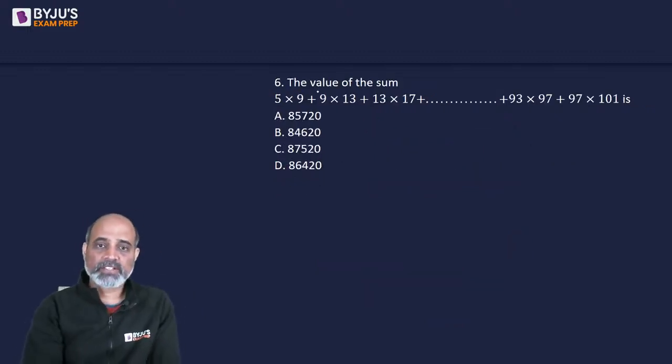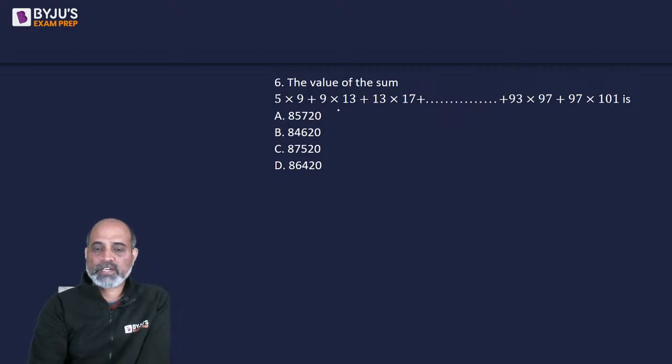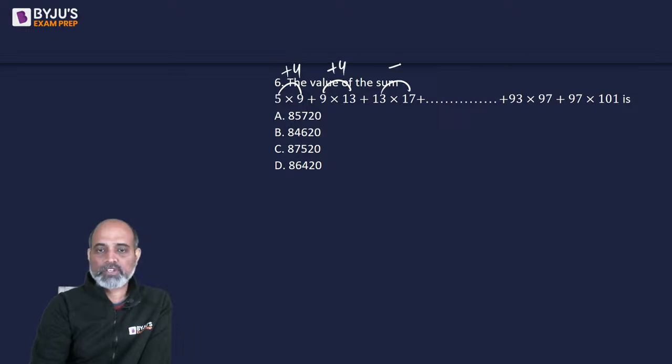Okay, next, the value of this sum 5 into 9 plus 9 into 13 and so on up to 97 into 101 is going to be what? If you pay attention, in every term, the second value is greater than the previous one by 4. This is consistent.